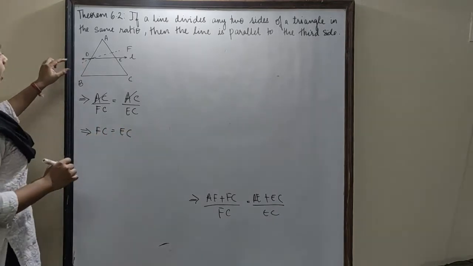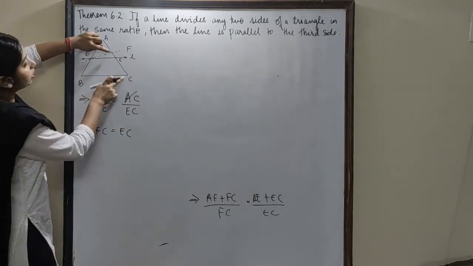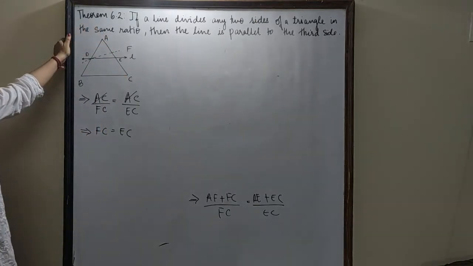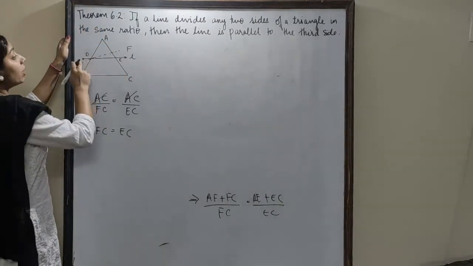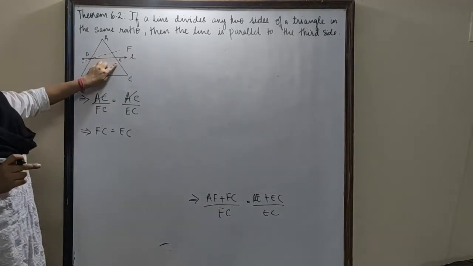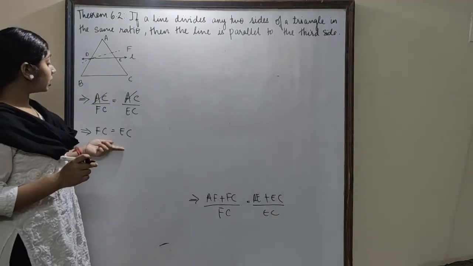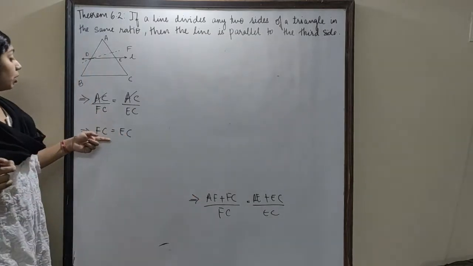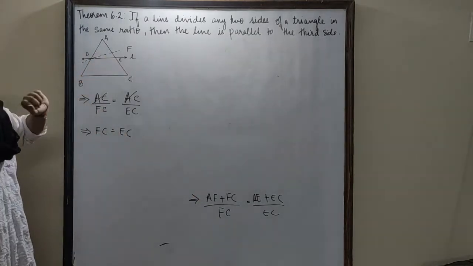That means FC is equal to EC. But when is this possible? You can see the lines DF and DE are different. But here, while adding 1 on both sides and after taking the LCM, we found that FC is equal to EC.